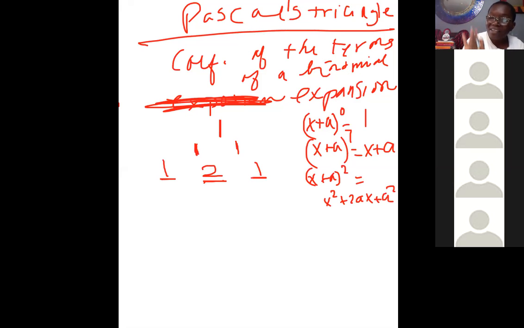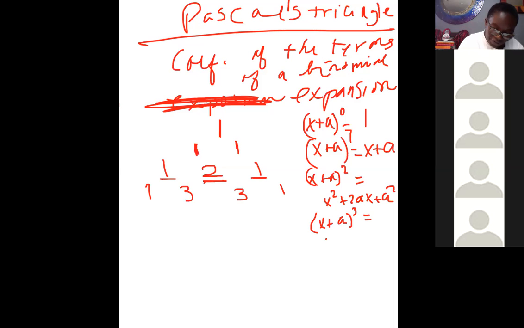Now, this is really where it starts making a whole lot of sense, and it starts coming together, okay? And I pulled it all together for you guys. So here's the next one. 1, 3, 3, 1. You notice you still have the 1s on the outside. Now we're on the fourth row. Remember, if you take a binomial to the third power and you expand it, you're going to get 4 terms.